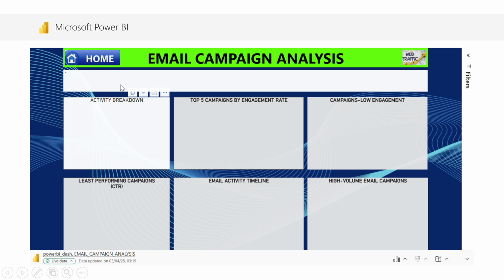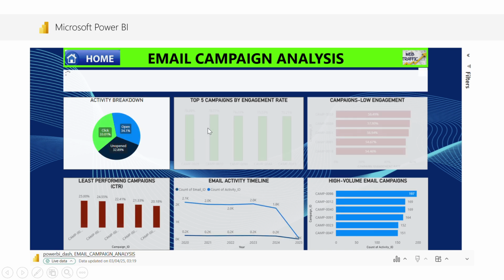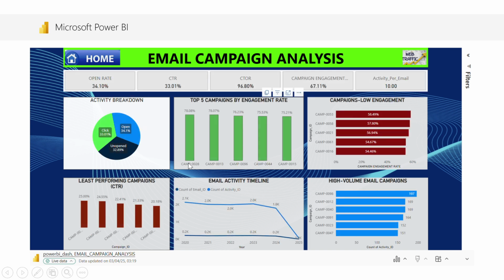We can see the top 5 campaigns analyzed in descending order. In the activity breakdown, about 34% was opened and only 33% was clicked, and 32% of the sent emails were not even opened.